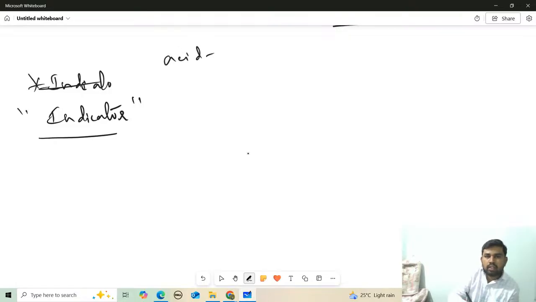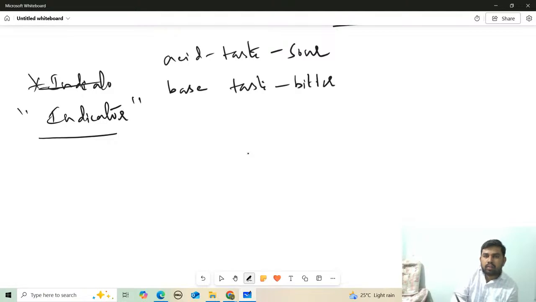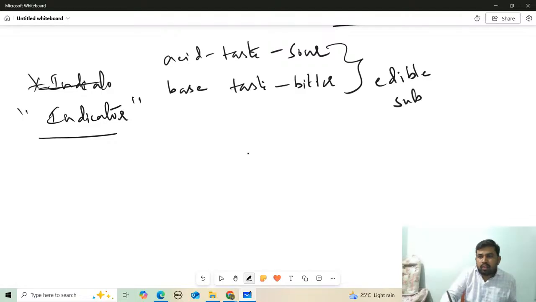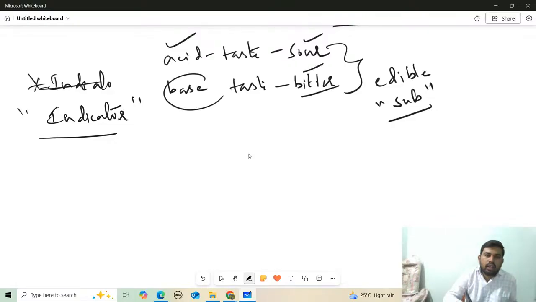Acids are generally sour in taste, and bases are bitter in taste. When a substance is edible, I can taste it. If the taste is sour, we can say it contains acid. Similarly, if the taste is bitter, it contains bases.